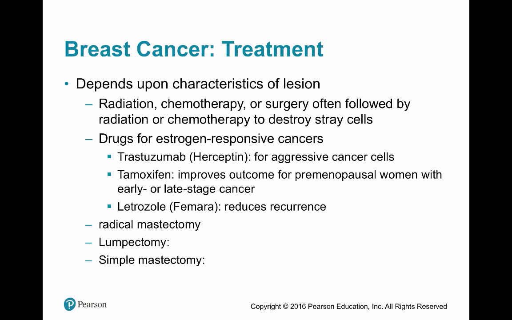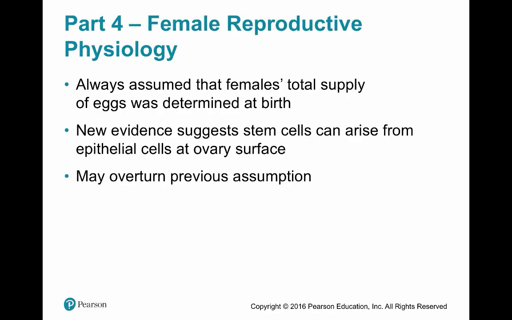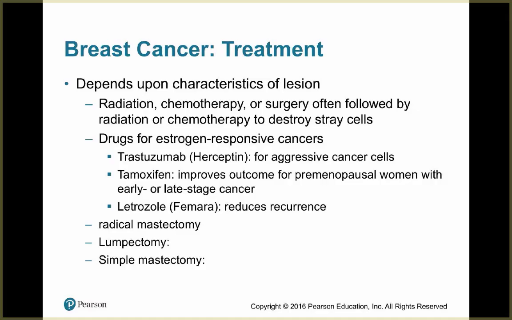There's also a lumpectomy that's less invasive and just takes out the cancerous lump. And I'm going to put LN for lymph nodes. So that's what they did till the 70s.